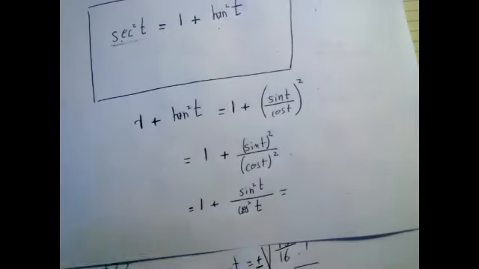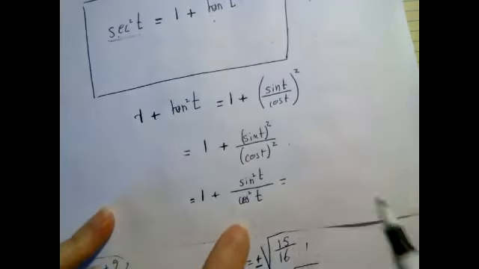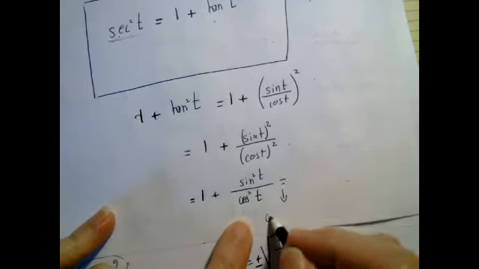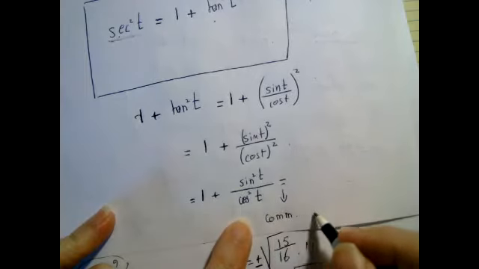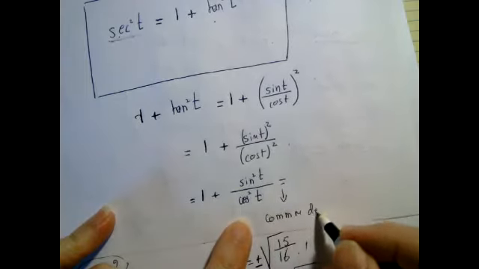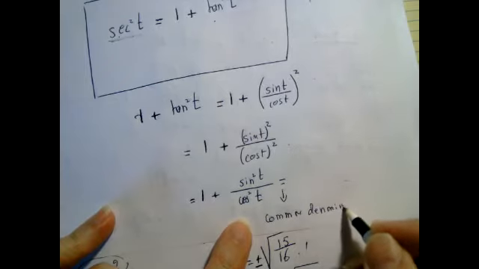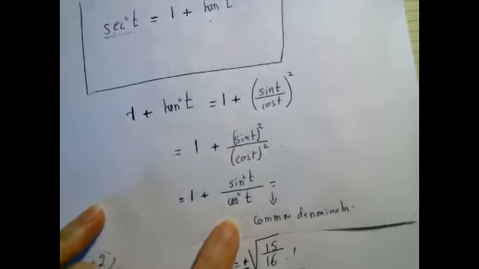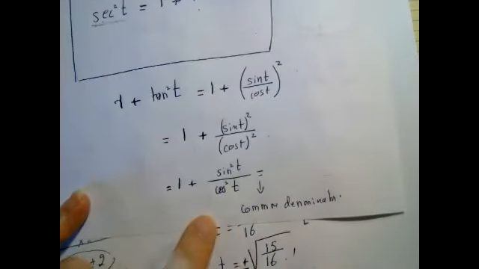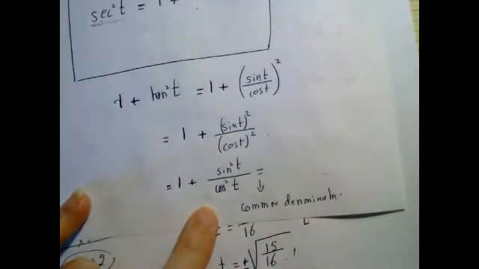Very good. Now, I'm going to do something. I'm going to find a common denominator. Okay. What's the common denominator here? Back to you. What's a common denominator? Don't be afraid of your answer.